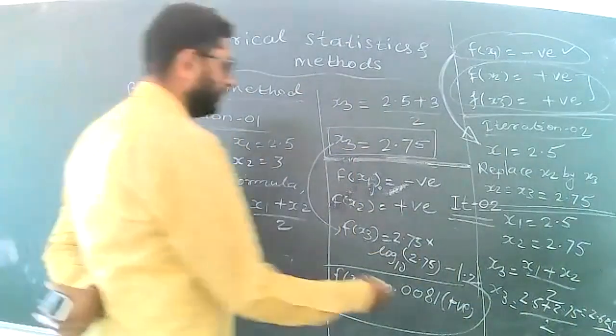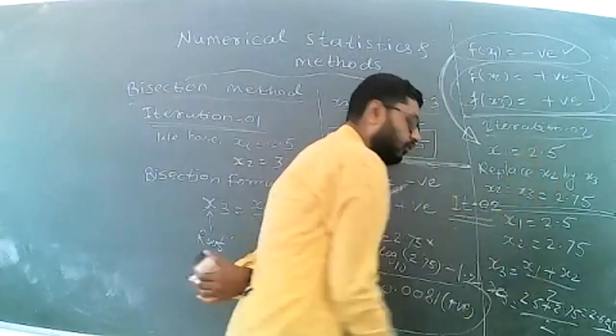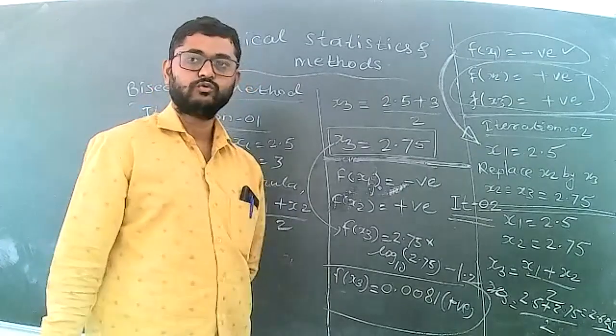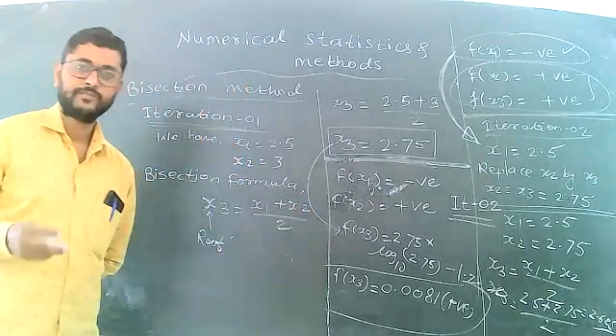That is again the new root of the equation, x3 equal to 2.625. Again, find f of x3.